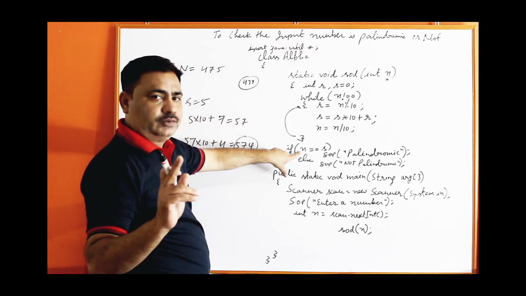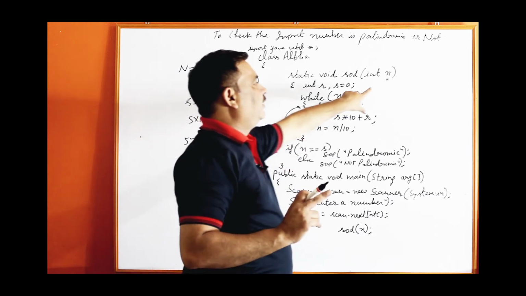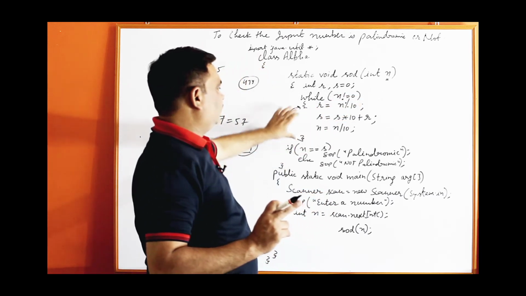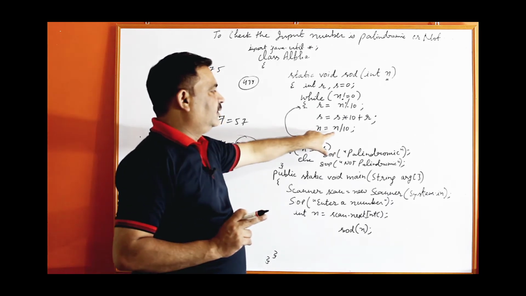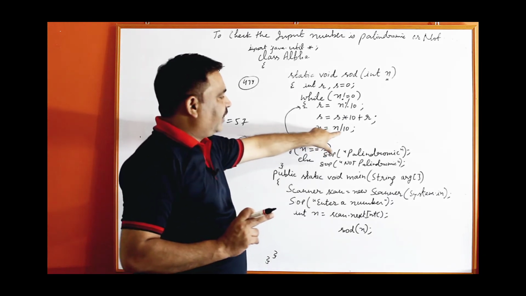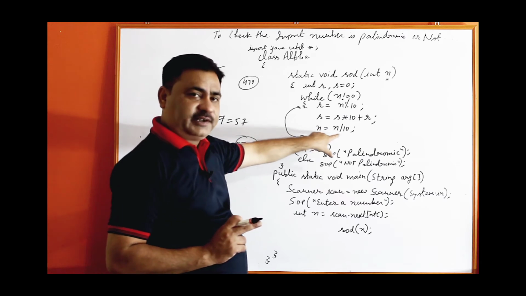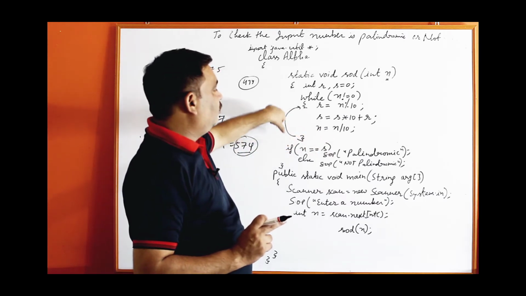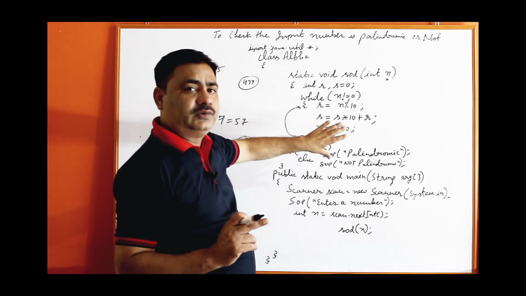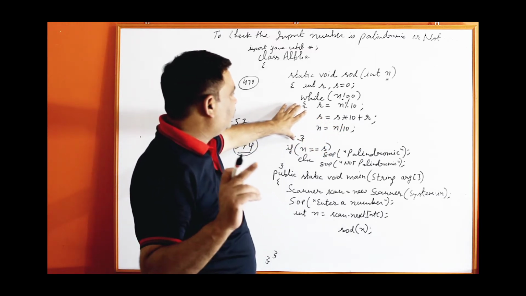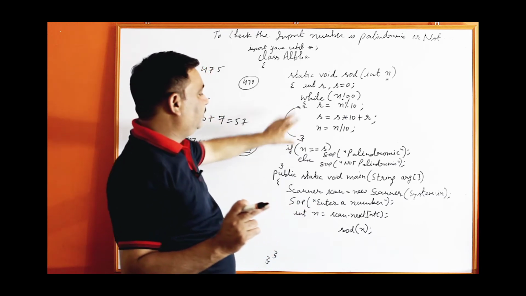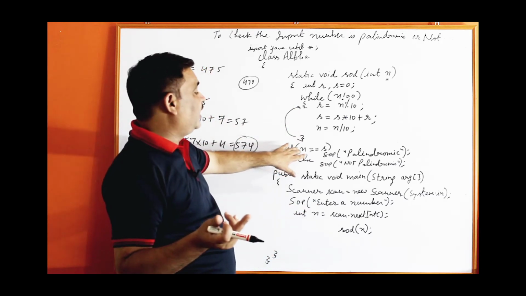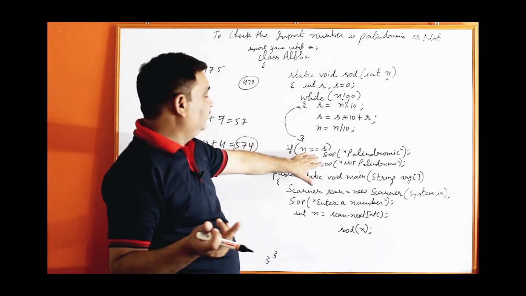N is not equivalent to the input number, because within the loop we are continuously changing the value of n by dividing it by 10. The loop will move till n is not equal to 0. When n becomes 0, control will come out of the loop. So, n will be 0 here. How can it be equivalent to the reversed number?